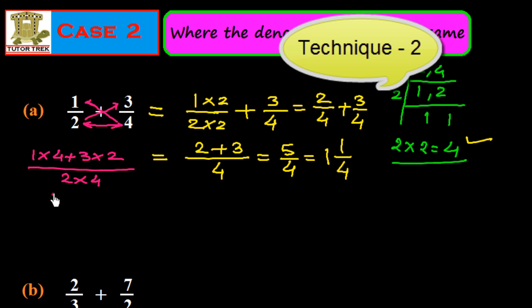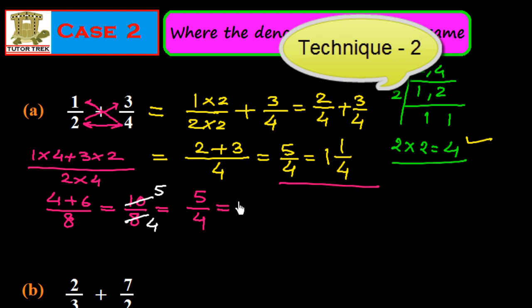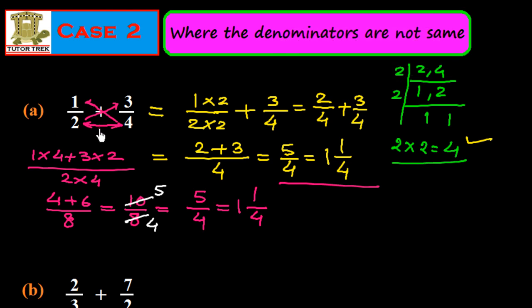So we get 4 plus 6 over 8. So it is 10 over 8. If we simplify this, 2 four times, 2 five times, and finally we get 5 over 4. 5 over 4 is also an improper fraction, as we have done here. We do the same thing, 1 and 1 by 4. So this is another technique.